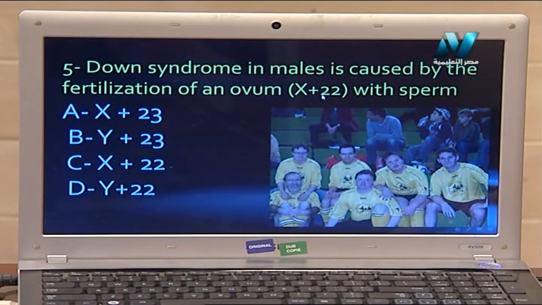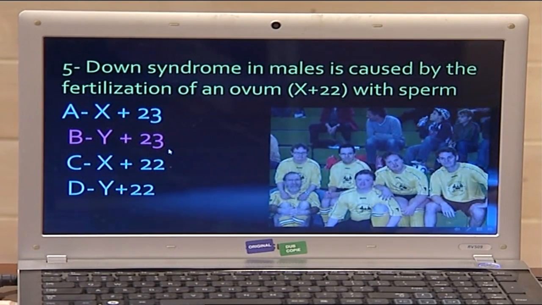When the ovum 22 plus X joins with a sperm, the sperm here must be 23 plus Y to produce a male, XY. But 23 plus 22 here produces 45 chromosomes.